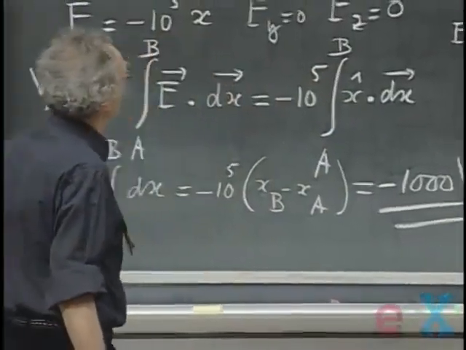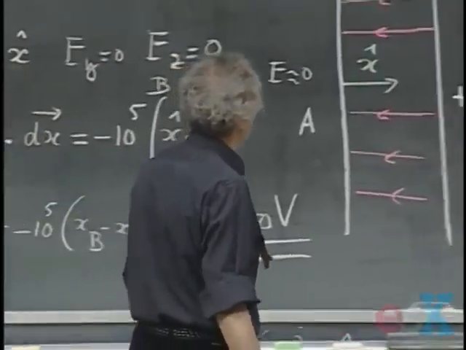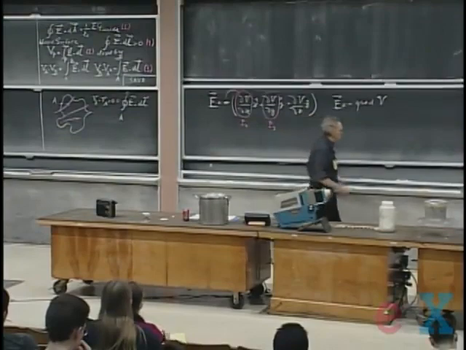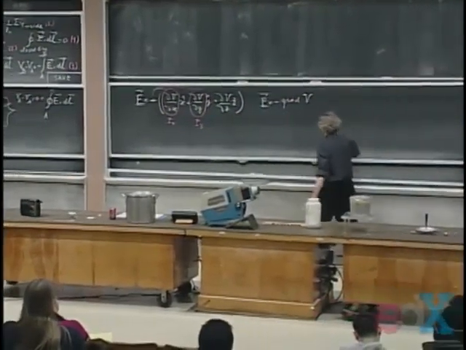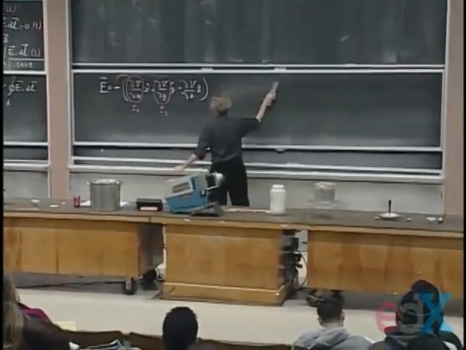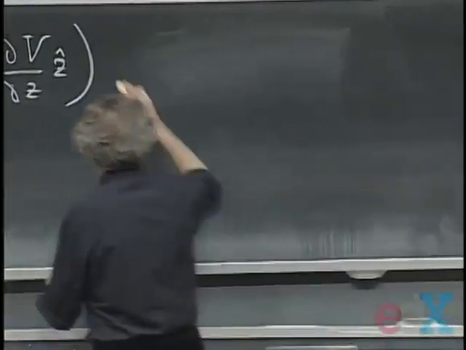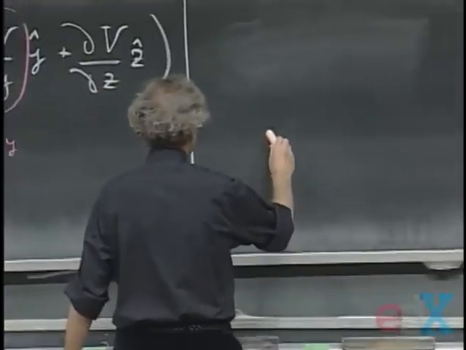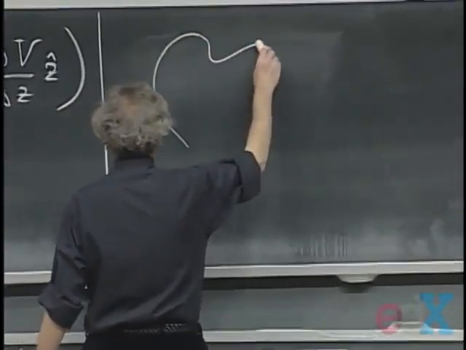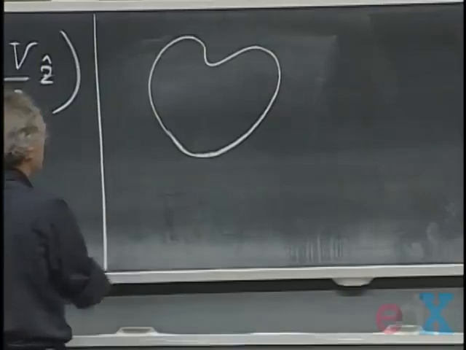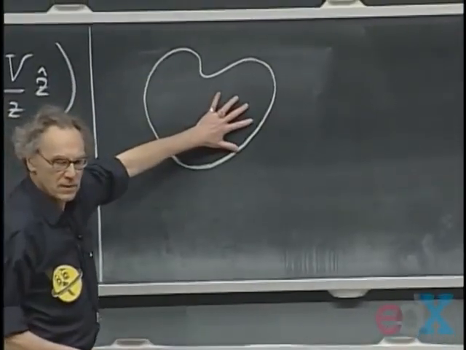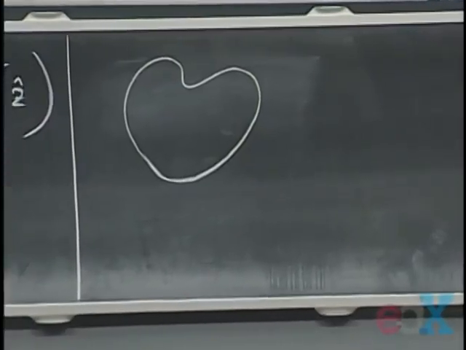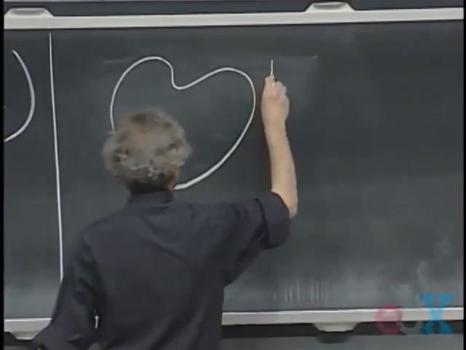And so now, I want to evaluate with you the situation that I'm going to charge a solid conductor and ask myself the question, where does the charge go? In honor of Valentine's Day, let's take a solid heart, steel heart. It's solid all the way throughout. So this is a solid conductor, and I bring on this conductor charge from the outside.